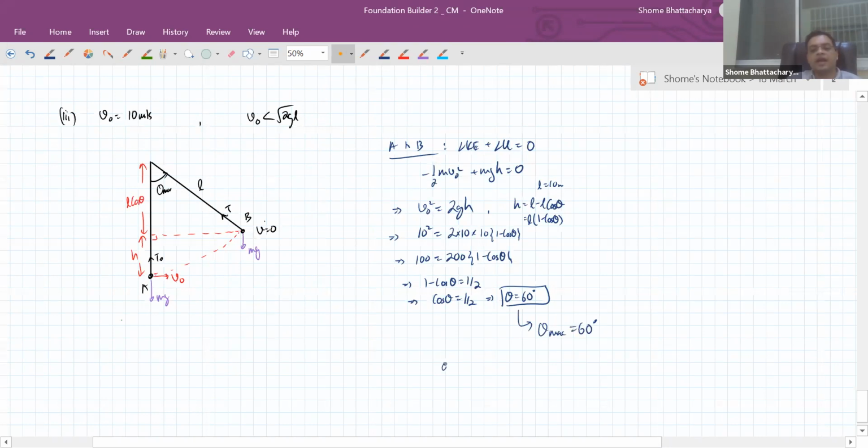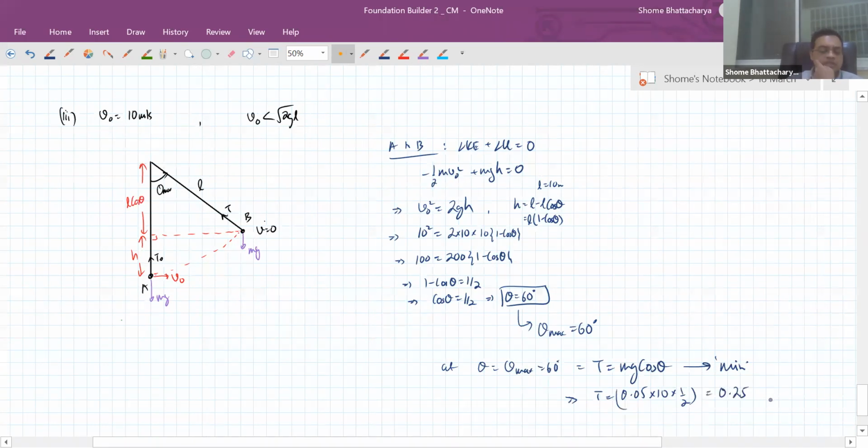Okay. And at theta equal to theta maximum, which is in this case 60 degrees, tension will be equal to mg cos theta. This will be the minimum tension. So that minimum tension will become 0.05 into 10 into half. So 0.25 newtons, is that correct? That will be the minimum tension, whereas here the tension will be maximum.